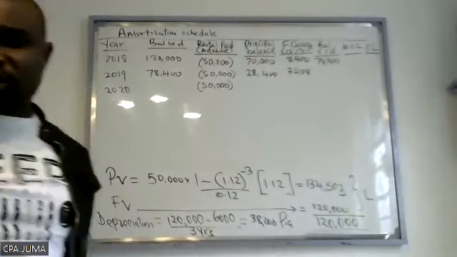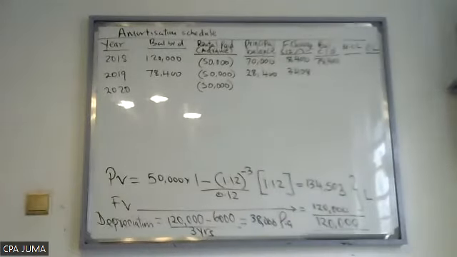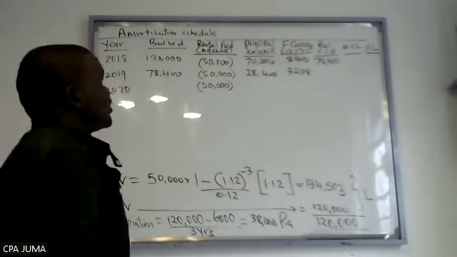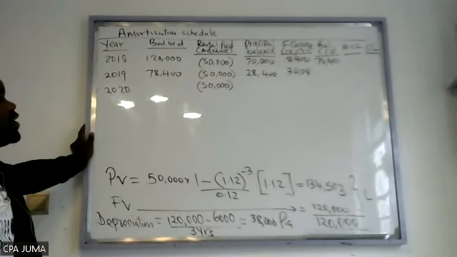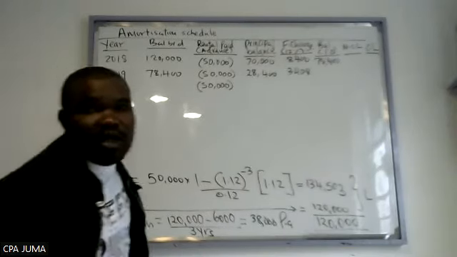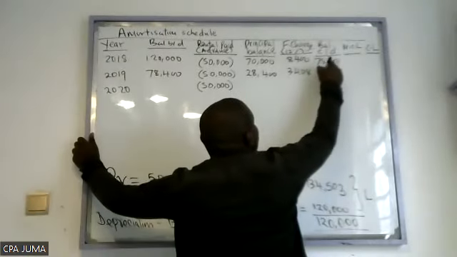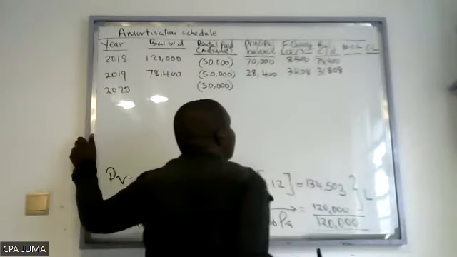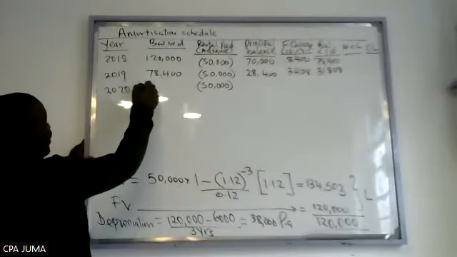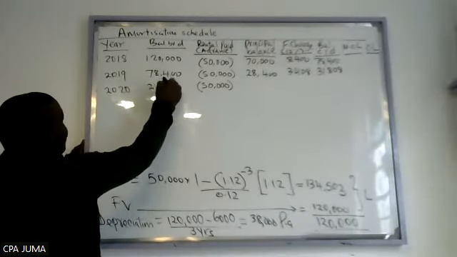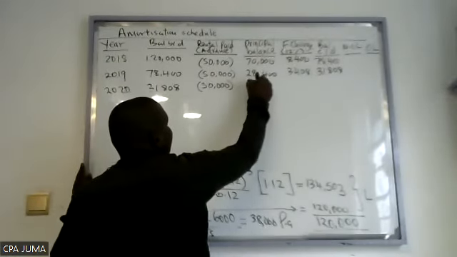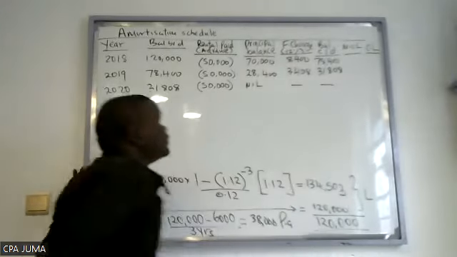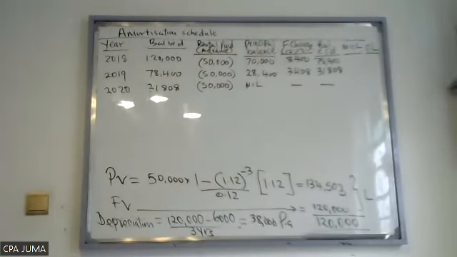So 28,400 plus 3,408, we are getting a principal balance of how much? Balance carried down, 31,808. So that is what you bring here. 31,808. Payment of 50. So principal balance is nil. There is nothing.